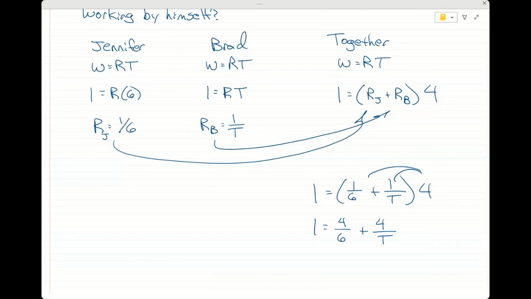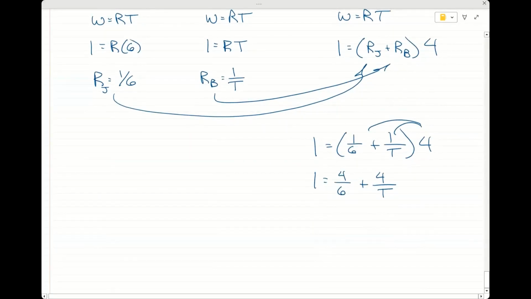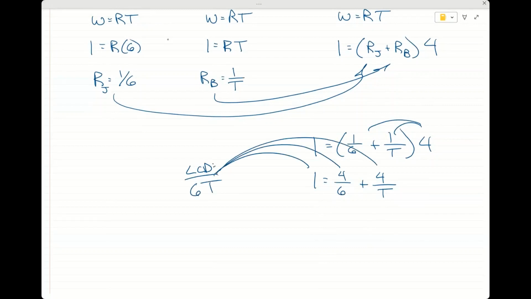And this is a good example when we need a least common denominator to multiply everything by that. So looks like our least common denominator definitely needs a t in it, and we also need a 6. So I'm going to multiply everything by 6t.